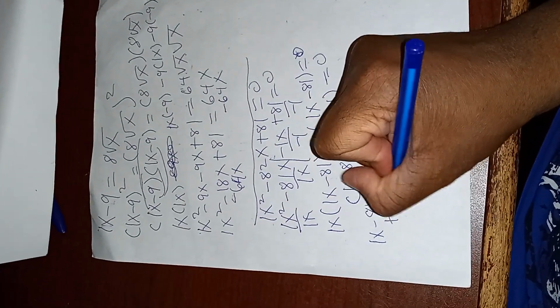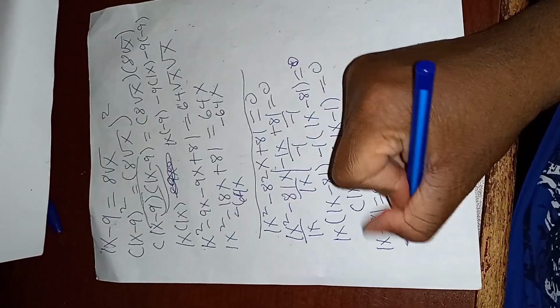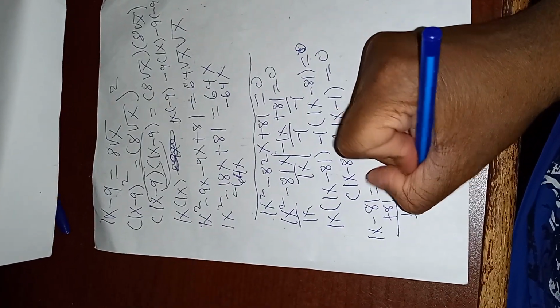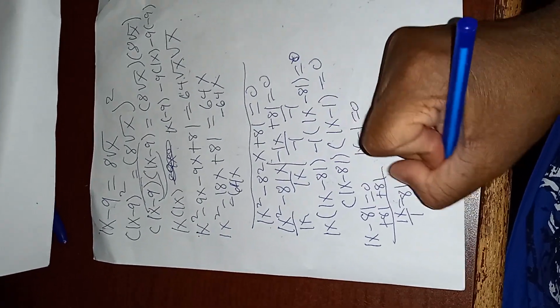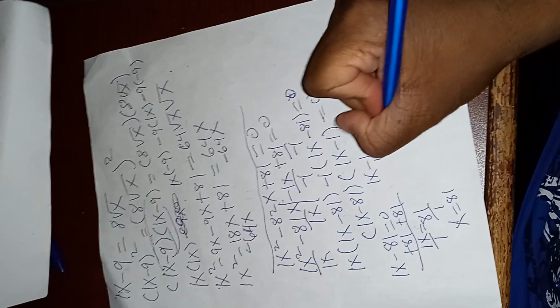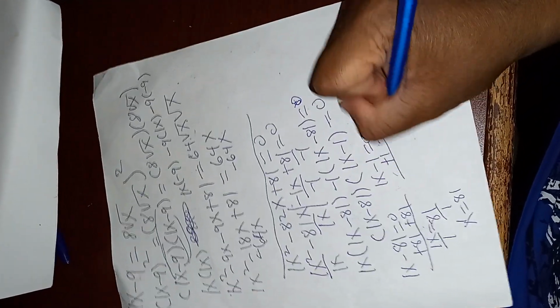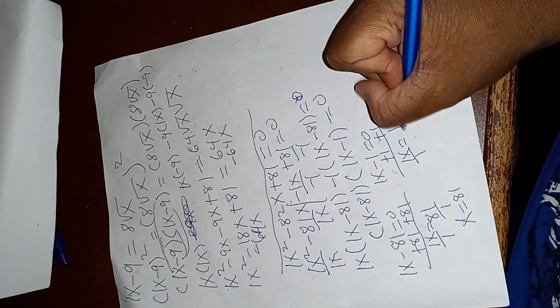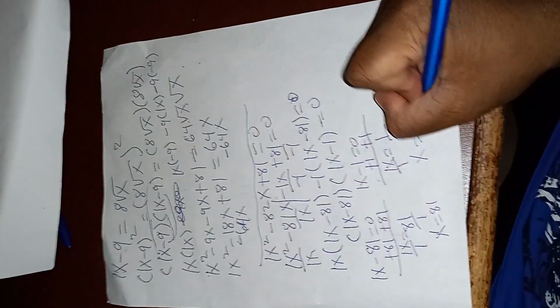So add 81 to both sides. 1x is equal to 81. Then divide both sides by 1, and x is equal to 81. And then on the other equation, add 1 to both sides. 1x is equal to 1. Then divide both sides by 1, and x is equal to 1.